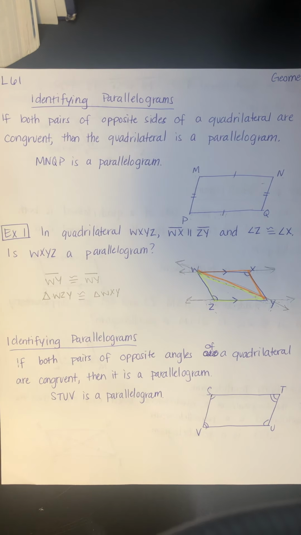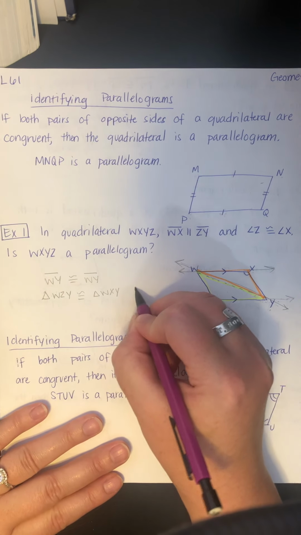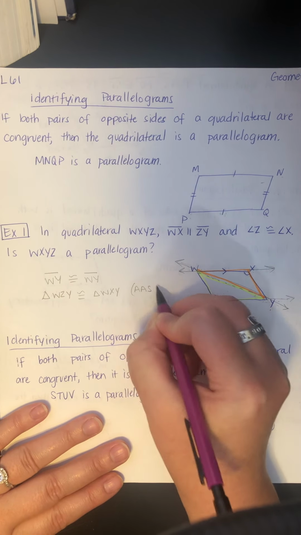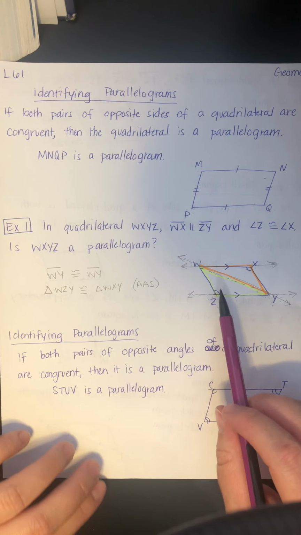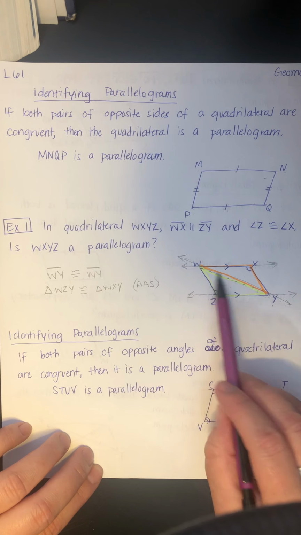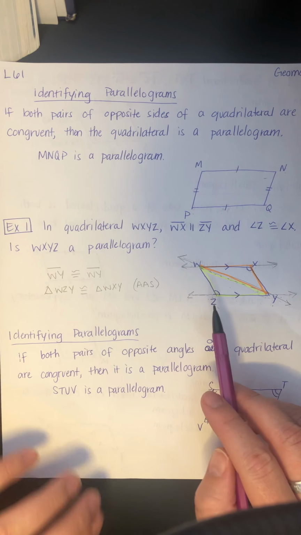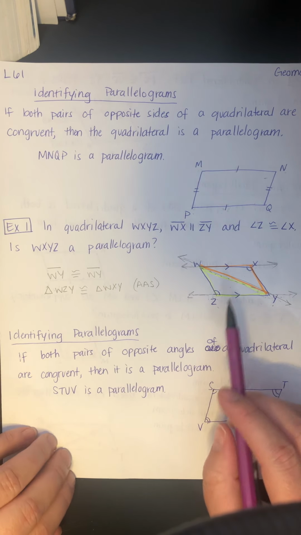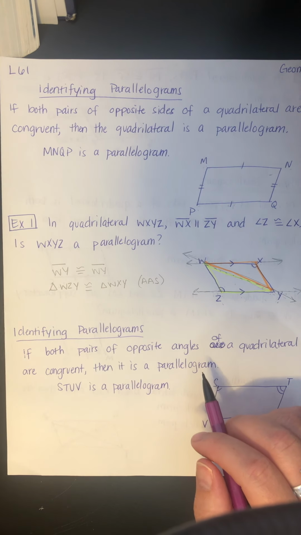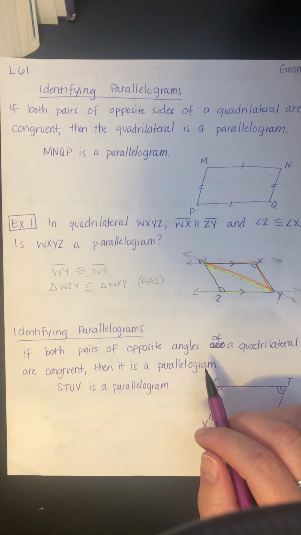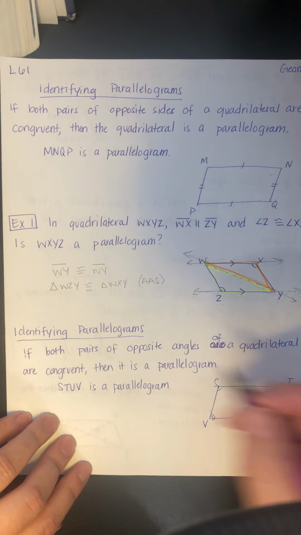And you can say that by the angle, side theorem. This is how we know. They have a side that is congruent to each other and two angles that are congruent to each other, okay?